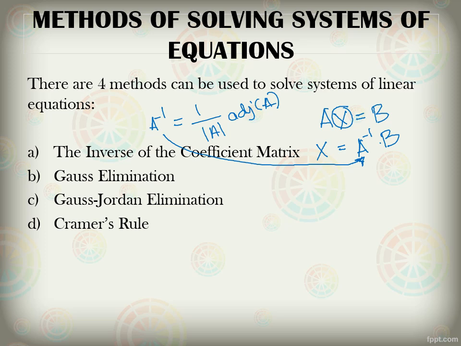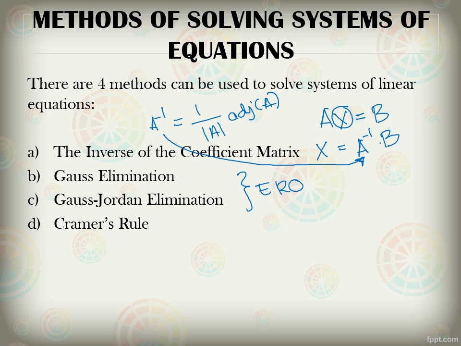The second one is Gauss elimination. The third one is Gauss Jordan elimination. Gauss elimination and Gauss Jordan elimination will apply the ERO method, elementary row operation.